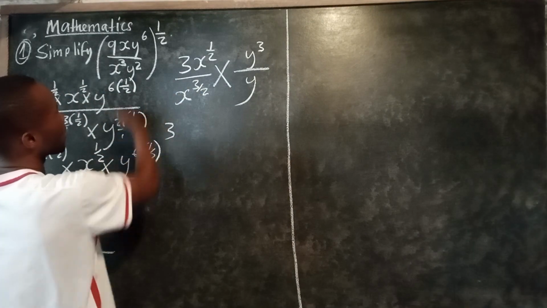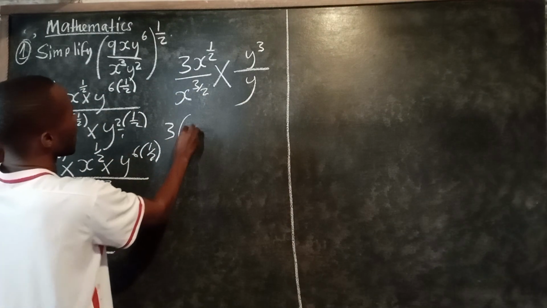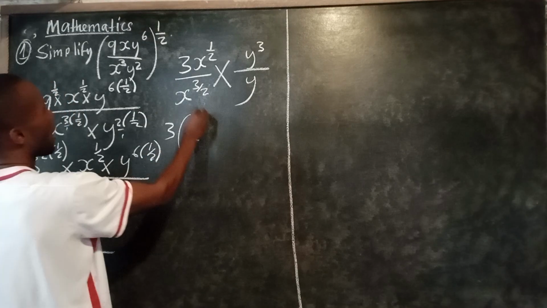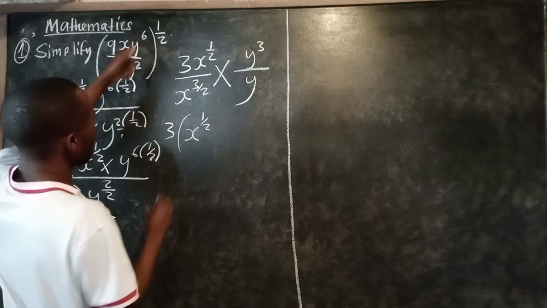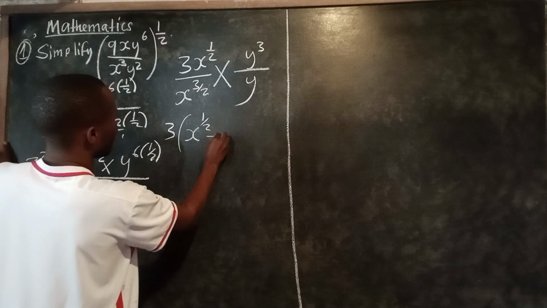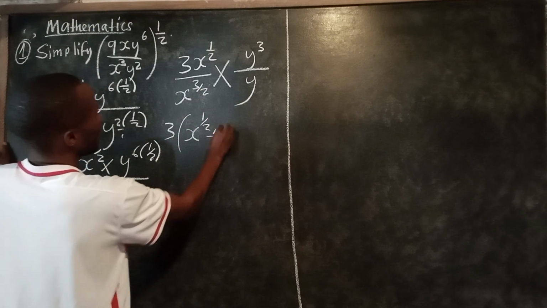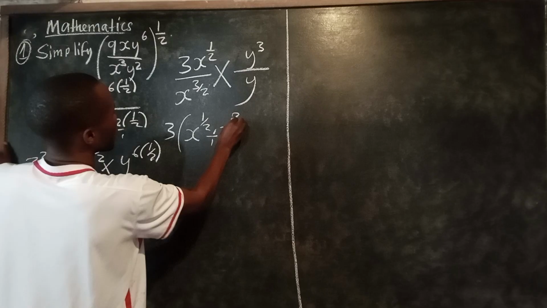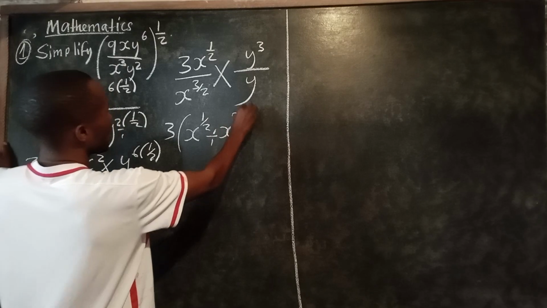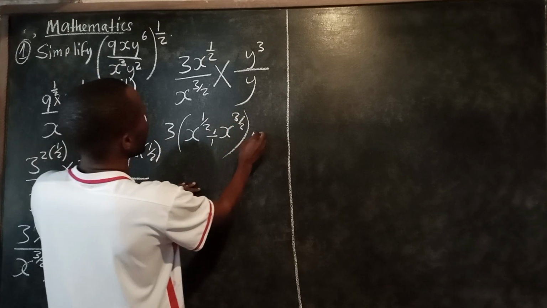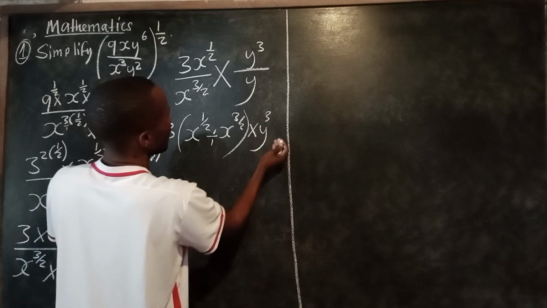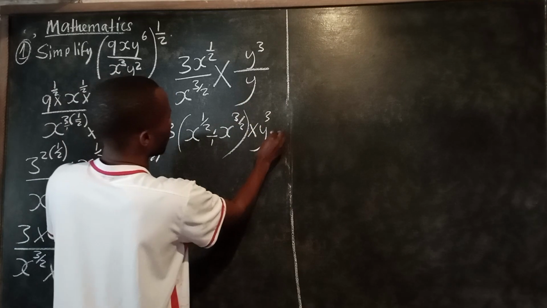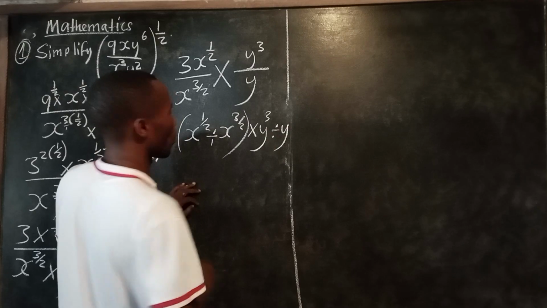You just write 3 there, where we are going to say x power 1 over 2. Then we are dividing there. So divide by x power 3 over 2. Okay? So we can do that. Then times y power 3. Then divide by y. Okay?